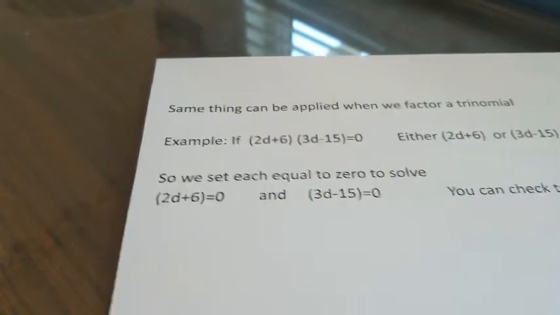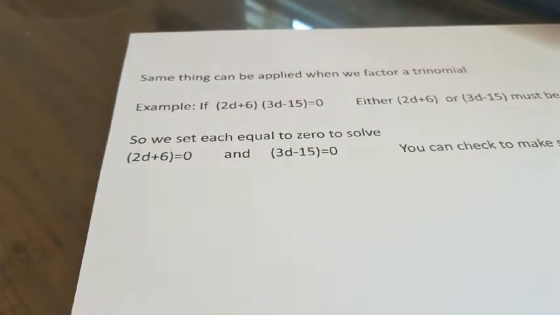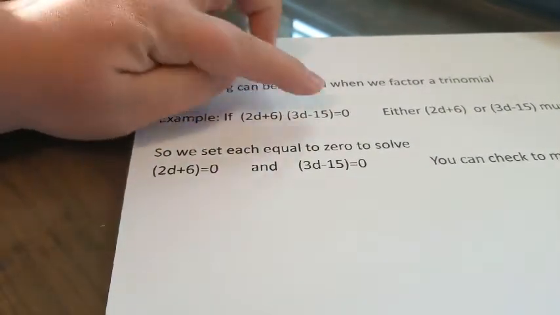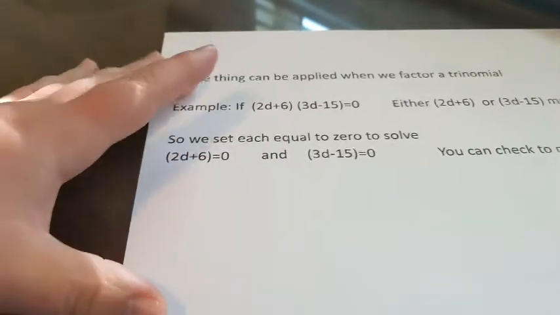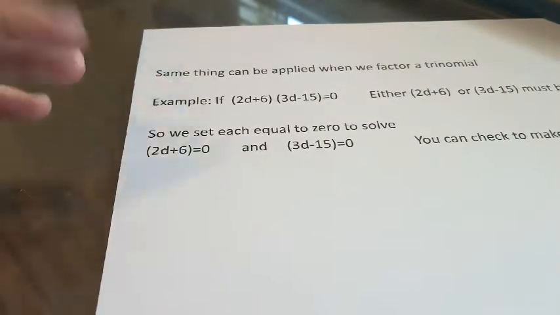To figure out what our possible x's could be, we set each of these factors or parentheses equal to 0 and just solve it. And that tells us our x, or in this case, our d.